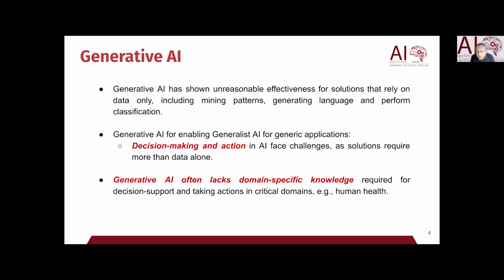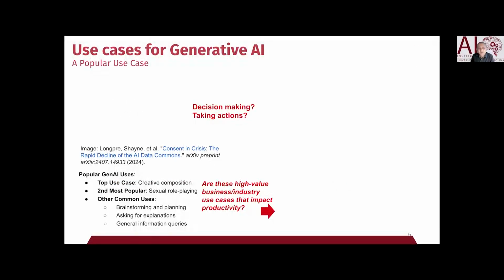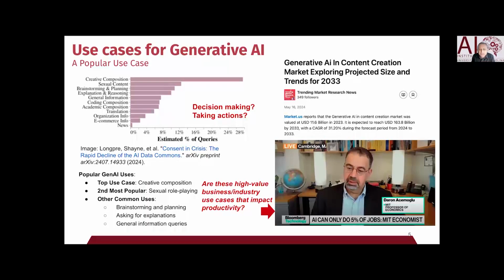To some extent, you can add these things through RAG, but I don't have enough time to go through all the challenges when you try to take generative AI as a core and make slight improvements using additional work like prompting and RAG.